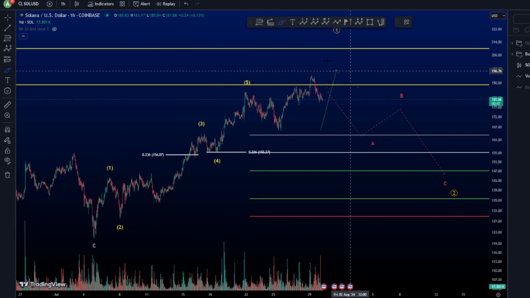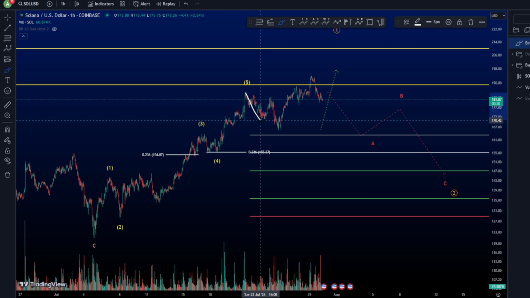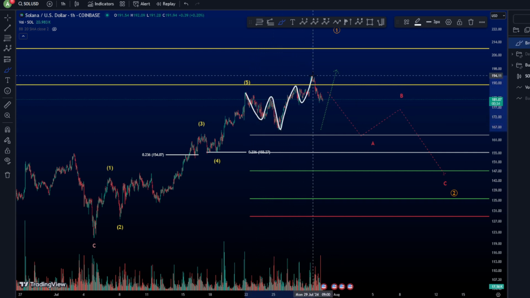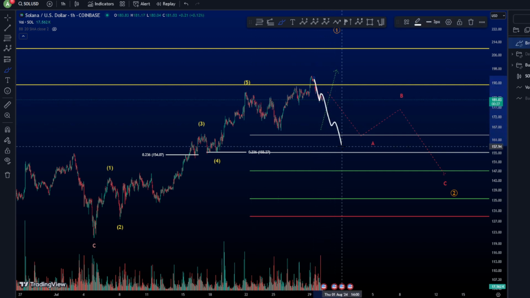Now for this correction after, we can read this as a flat, an expanded flat. So what we are expecting, we're seeing here A, B, and C, then A, B, and C, right? So 3 waves, 3 waves. So we are expecting 5 waves towards the downside.